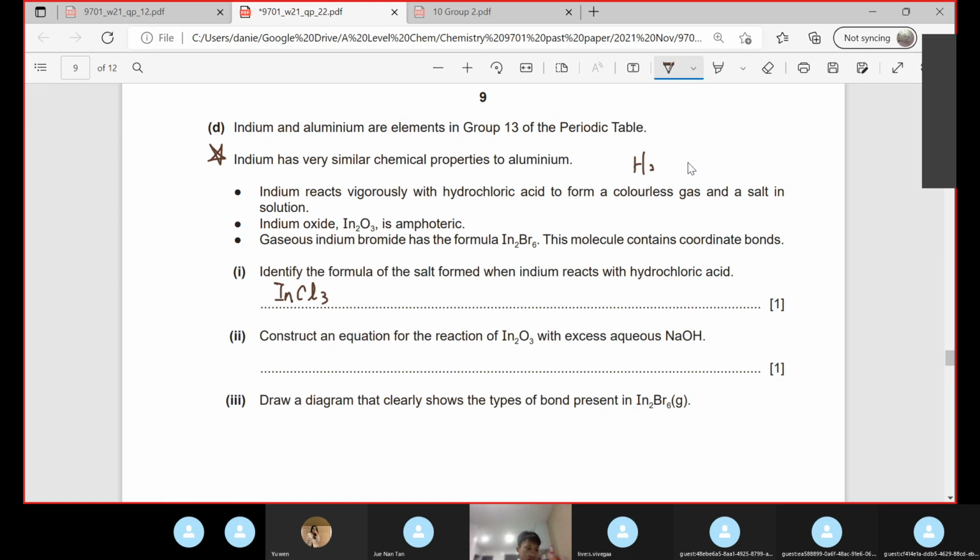Then the second property: indium oxide, In2O3, is amphoteric. The same thing applies to aluminium oxide, which is amphoteric as well. Construct an equation for the reaction of indium oxide with excess NaOH.